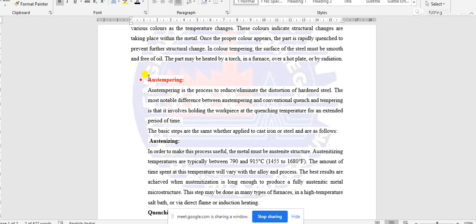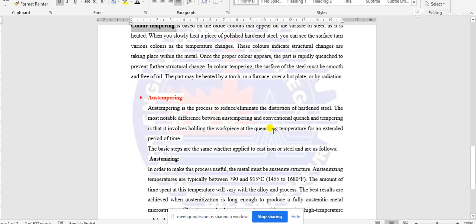When that steel is tempered, we have to follow the process of tempering, and tempering is a process to reduce the distortion of the hardened steel. That is, in normal or conventional tempering, the distortion of the hardness of the steel occurs. This distortion of hardness may be eliminated or reduced by this tempering.